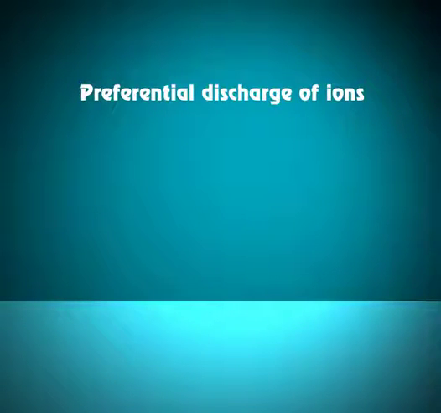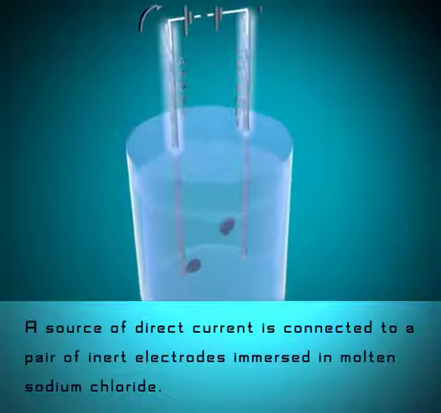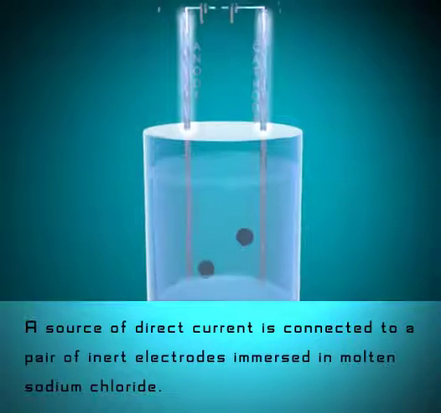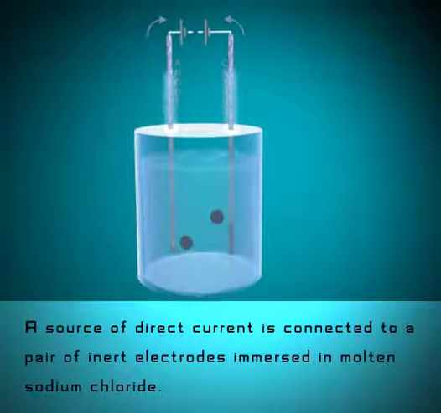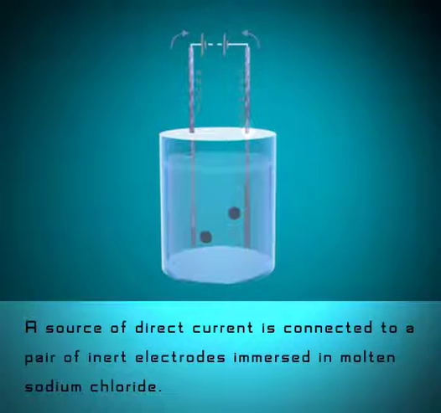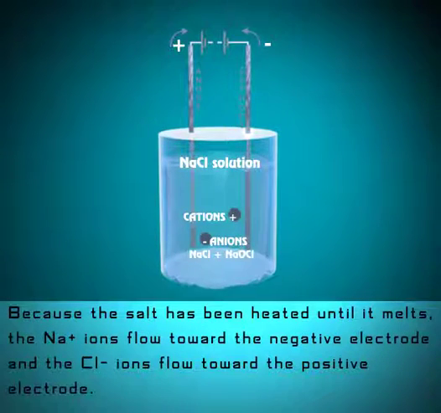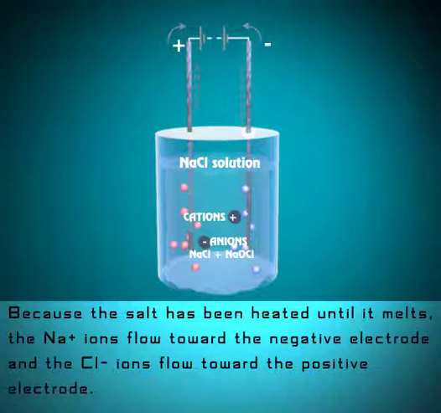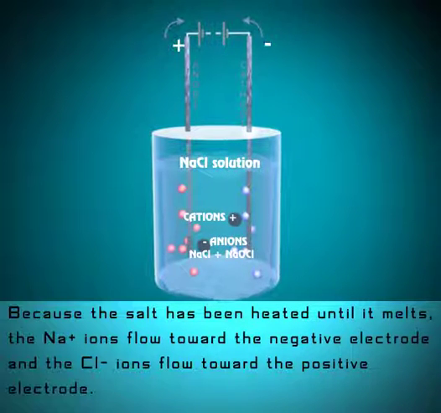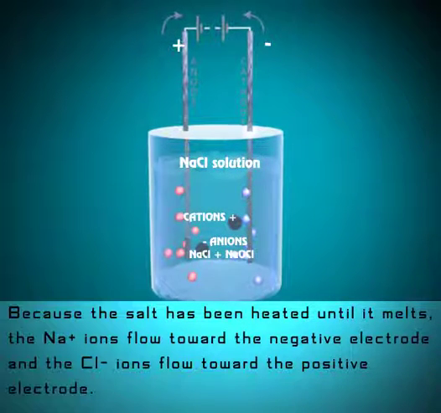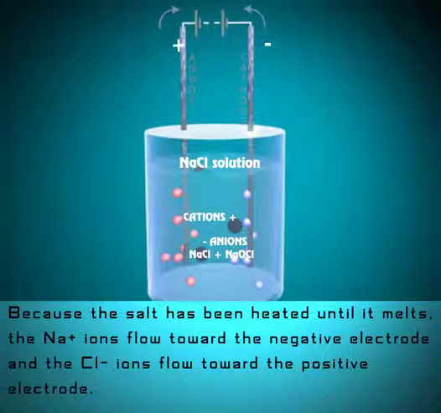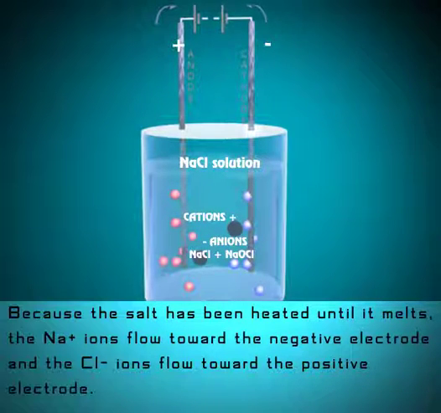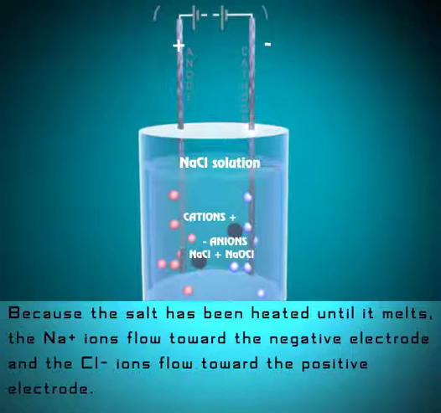Preferential discharge of ions. A source of direct current is connected to a pair of inert electrodes immersed in molten sodium chloride. Because the salt has been heated until it melts, the sodium ions flow toward the negative electrode, and the chloride ions flow toward the positive electrode.